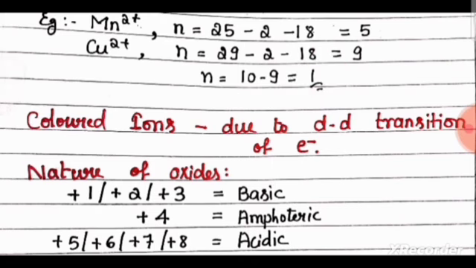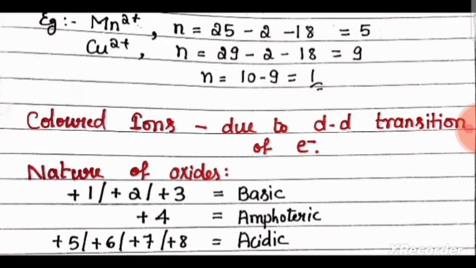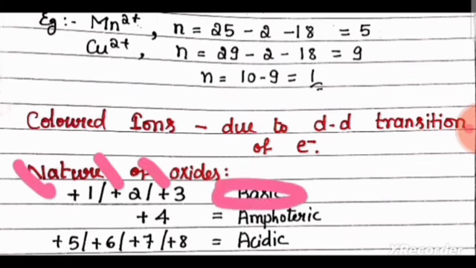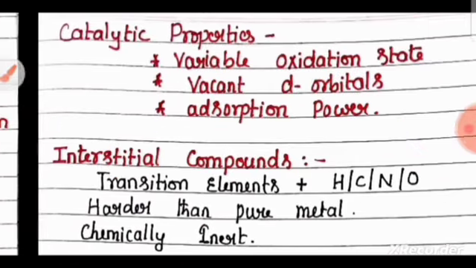Because of the d to d transition of those unpaired electrons, the transition element ions are basically colored. If the oxidation state of a transition element is +1, +2 and +3, they are generally basic in nature. If it is +4, they are amphoteric. If it is +5, +6, +7 and +8, they are acidic in nature.